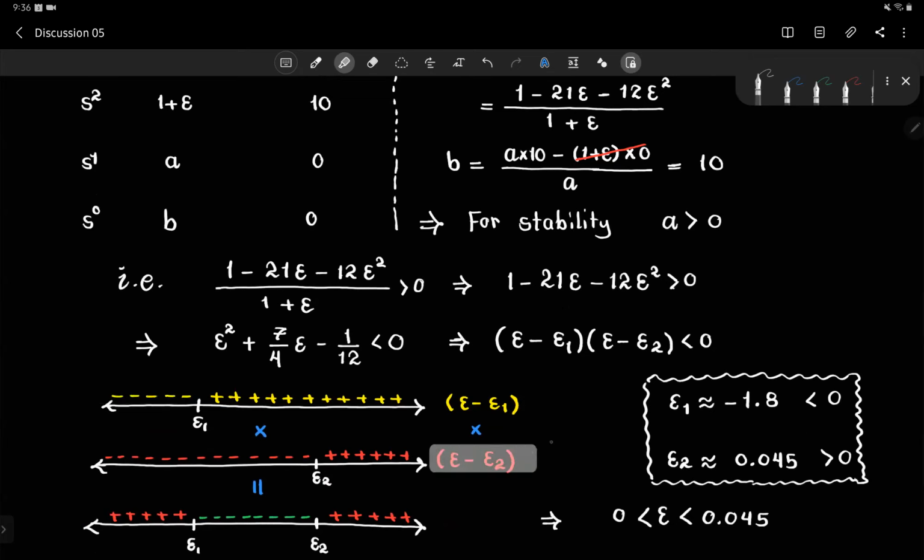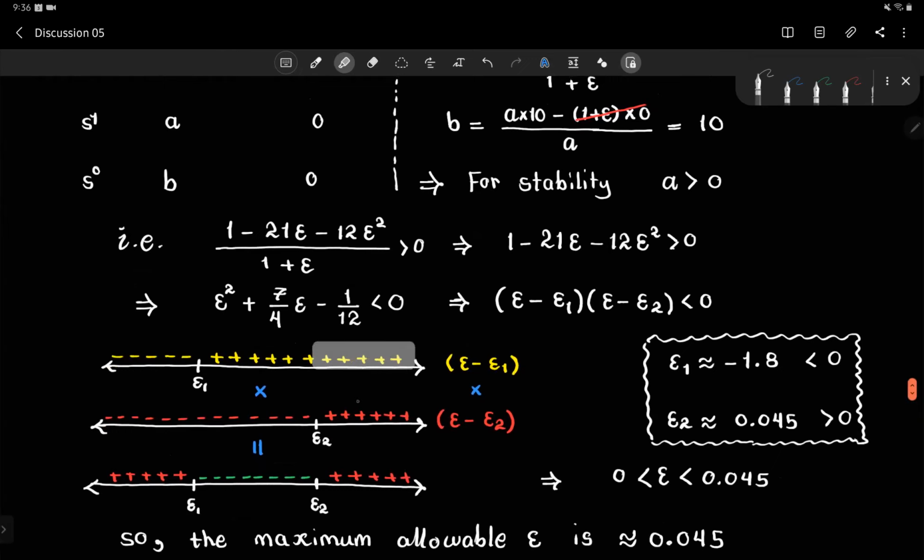Similarly, the second factor is positive when epsilon is bigger than epsilon2 and negative when epsilon is less than epsilon2. So when you multiply both factors, a positive times positive will be positive.